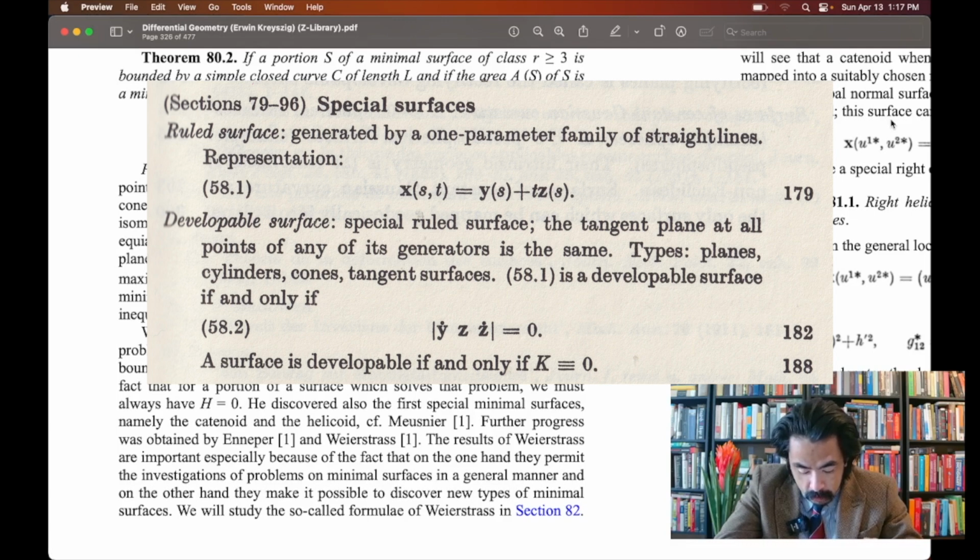And the relation that I just said, where we have y of s plus t times z of s, is a developable surface if and only if the determinant, where column-wise we have vector y dot, and then we have the vector z, and then we have the vector z dot, this is equal to 0. And a surface is developable if and only if its Gaussian curvature is 0.